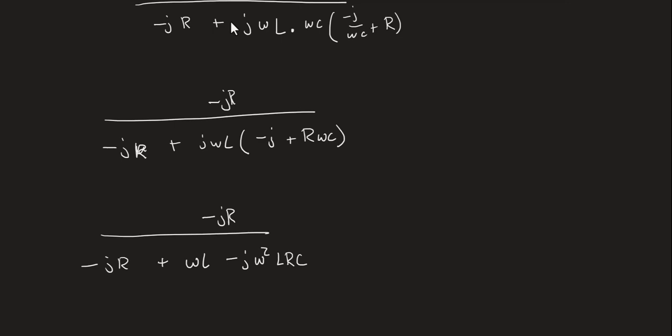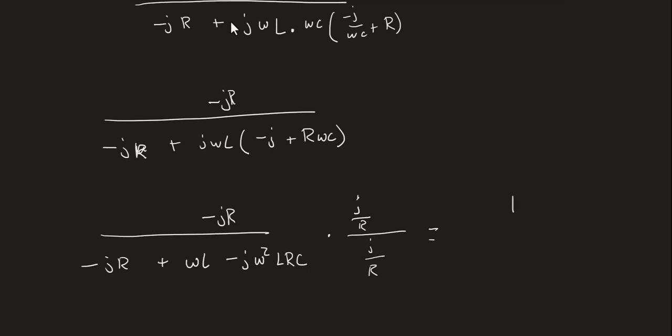Now, this still is not in standard form because we need to have a 1 right here. So I'll multiply by, no, I want positive j over R, because positive j times negative j is 1.